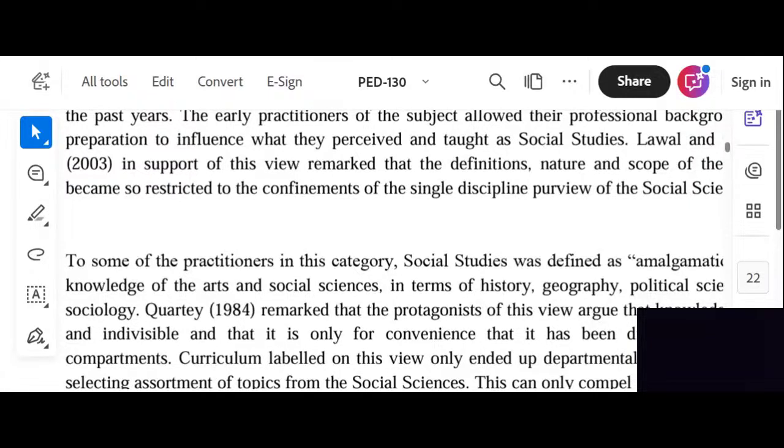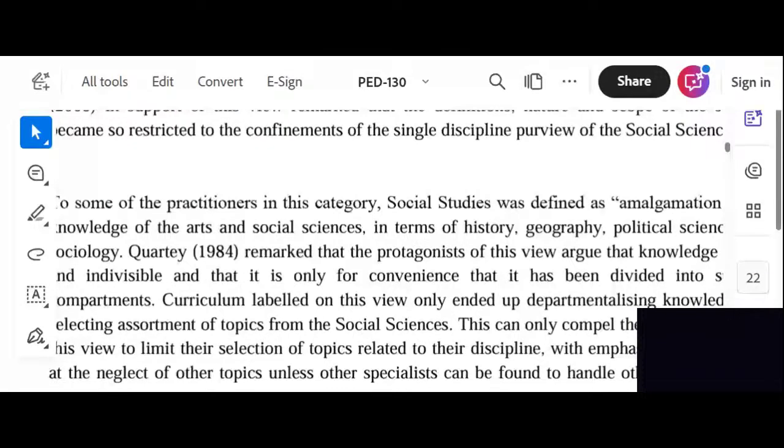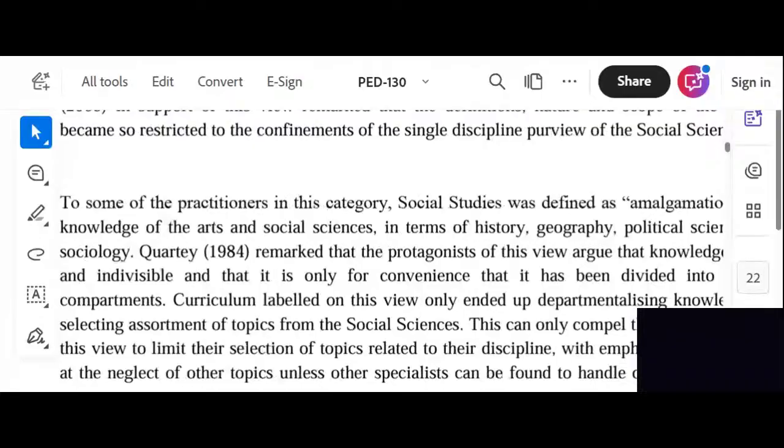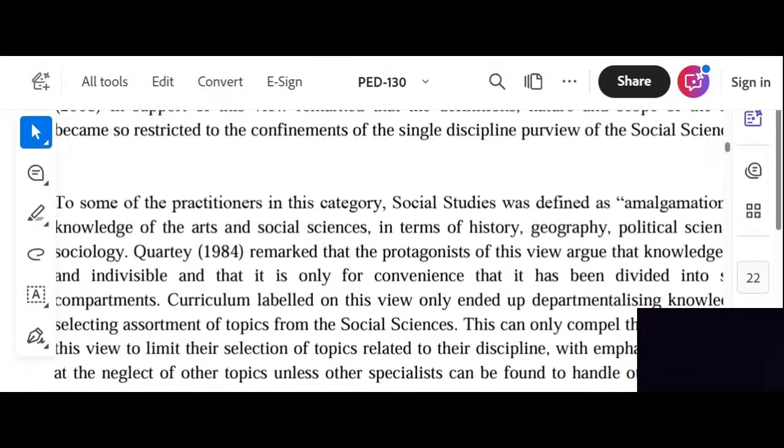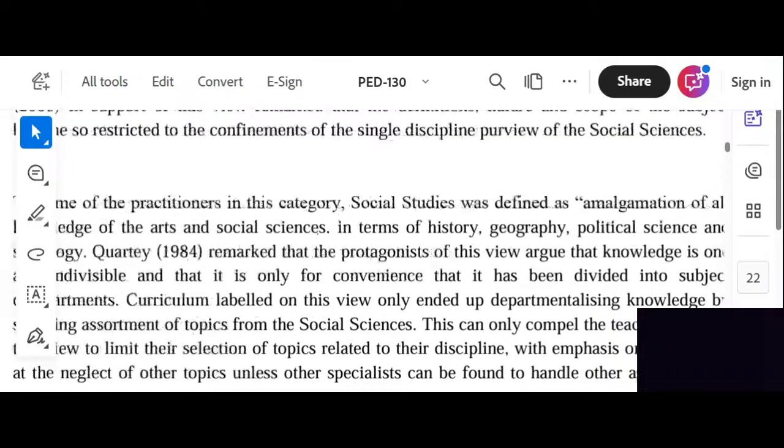To some of the practitioners in this category, social studies was defined as amalgamation of knowledge of the arts and social sciences. One of the wrong definitions: amalgamation of knowledge of the arts and social sciences, in terms of history, geography, political science, and sociology.